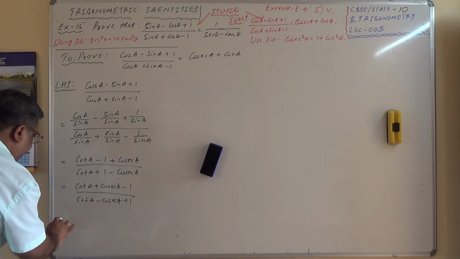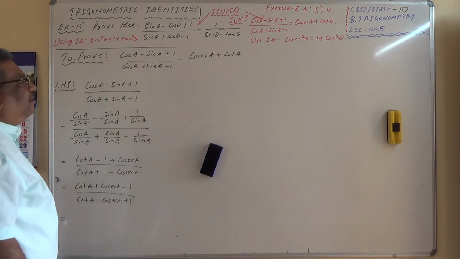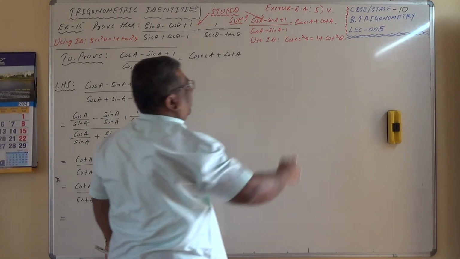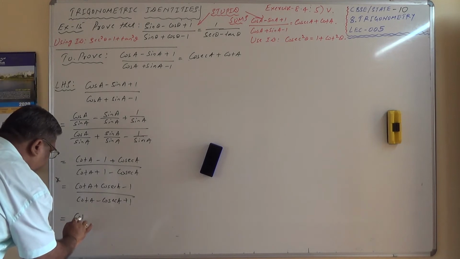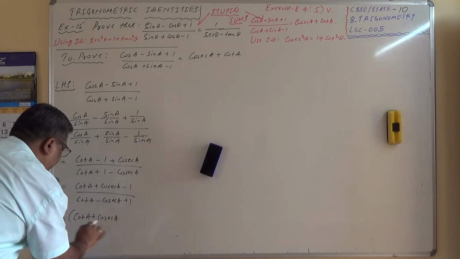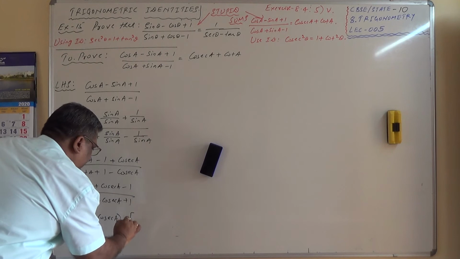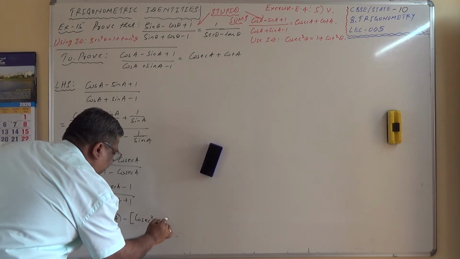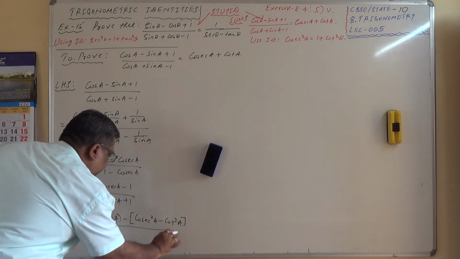Critical step: henceforth, 1 I am changing with cosec square A minus cot square A. So this will be cot A plus cosec A, minus 1 is changed with cosec square A minus cot square A. What about the denominator?